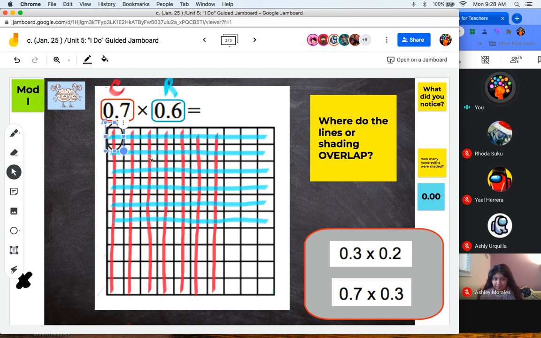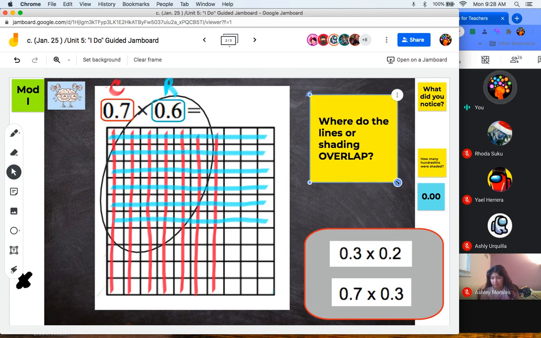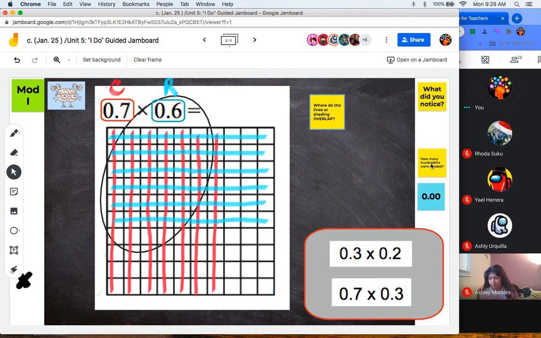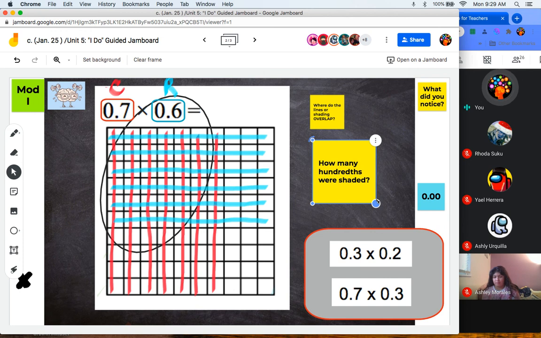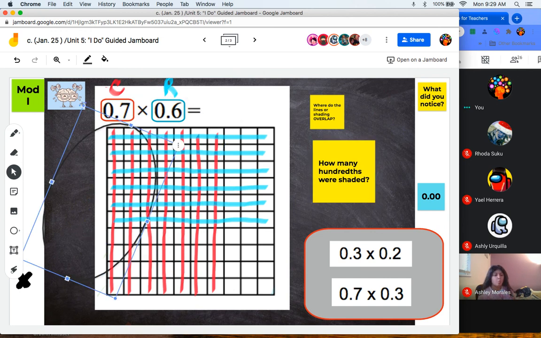Well, when I mark them, I see that they overlap about right here. Now I ask myself, how many hundredths were shaded?